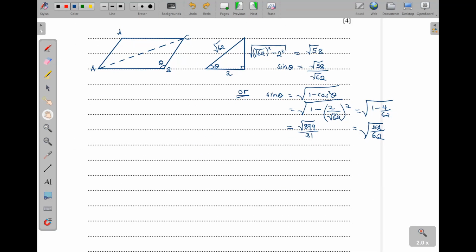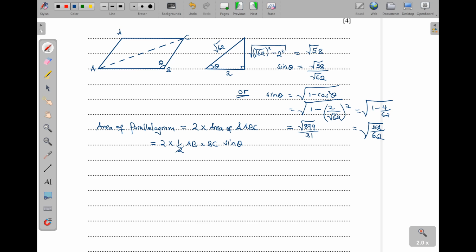The area of the parallelogram is 2 times the area of one of the triangles, let's say triangle ABC. This is 2 times a half times AB times BC times sine of theta.